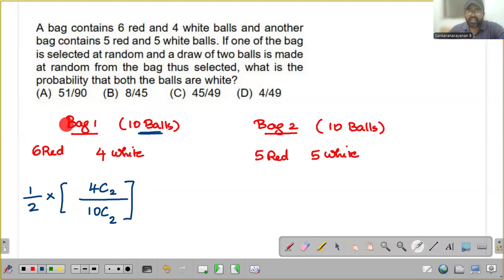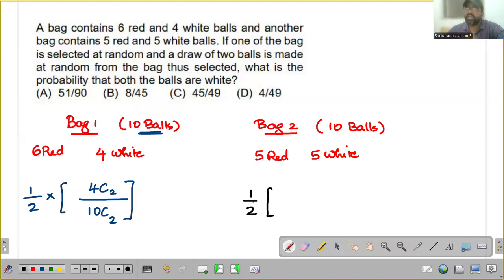So you ended up selecting the bag, probability is 1 by 2, and in that you are going ahead with selecting both of them being white, 4C2 by 10C2. Let us talk about what is the case with bag number 2. You can select bag number 2. You know the probability, it is 1 by 2.